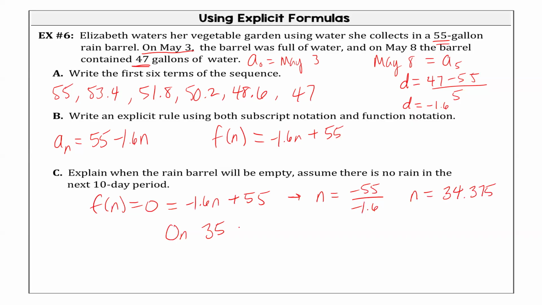It will be completely empty, because on day 34 it's not. It will be empty. Yes? How we feel? Does that make sense?